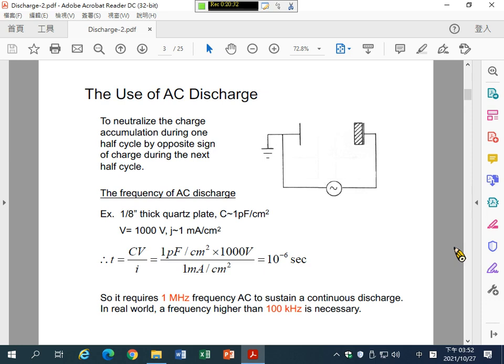So if we use such a high frequency AC power supply, we can call this RF, because the frequency falls into the radio frequency region.